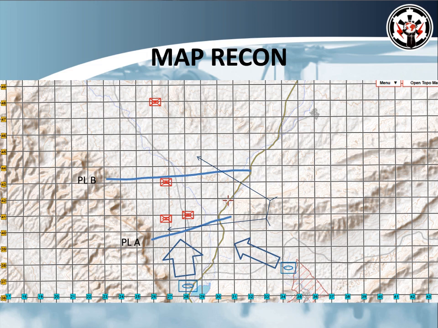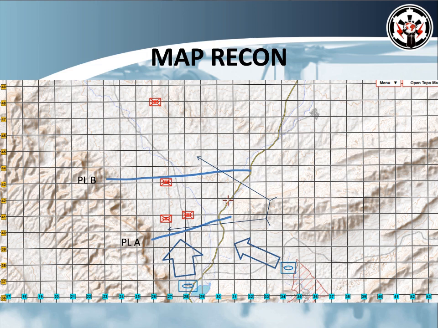Are there enemy there? Because if there is, then maybe my decision to have all my armored forces come up this valley is not a good thing. Maybe I need to conduct a decoy operation and then move all my forces to the east around that high terrain, and then come up and attack them from the side. So it's not a head-on. That would be part of map reconnaissance.